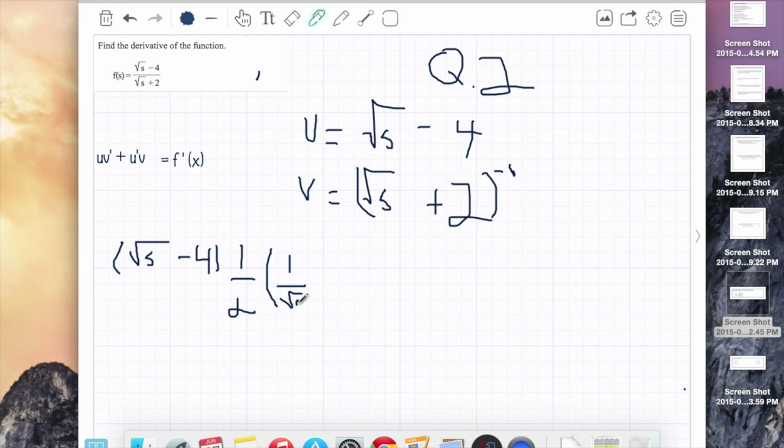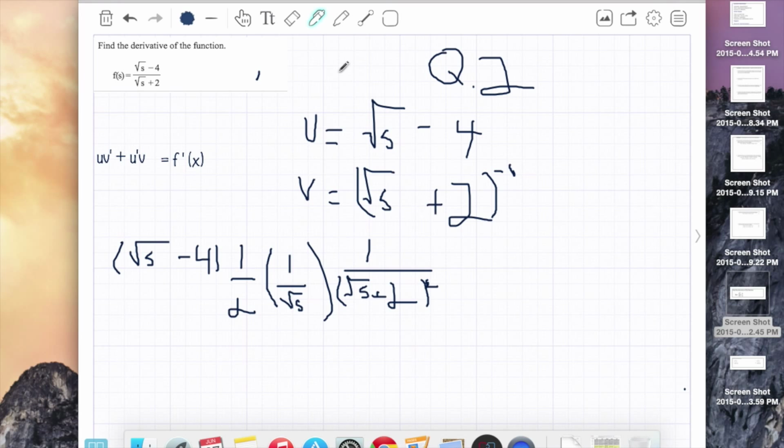So that's the derivative of the inside of the function. We then have to multiply by the derivative of the outside of the function, which is 1 over the square root of s plus 2, all squared. So, okay, that's the first part of the function.